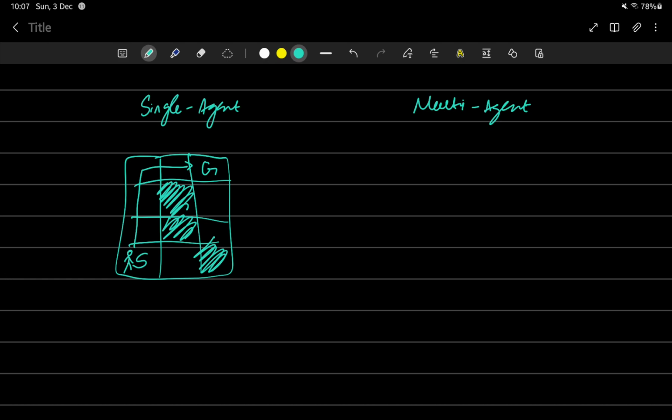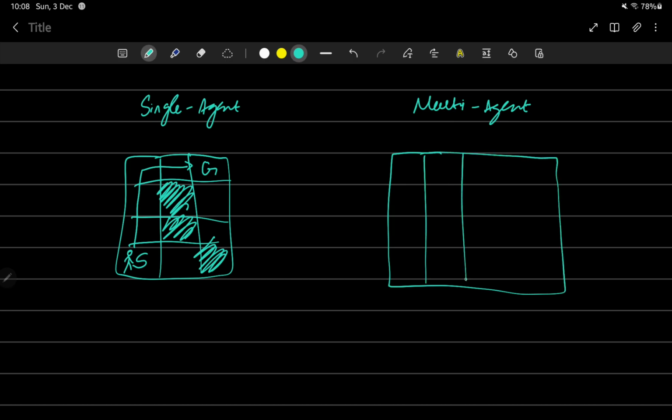But a multi-agent environment can be something like there are multiple agents operating concurrently, and the actions of one agent can impact the state or decisions of other agents. Now I'll give you a cool example for this.